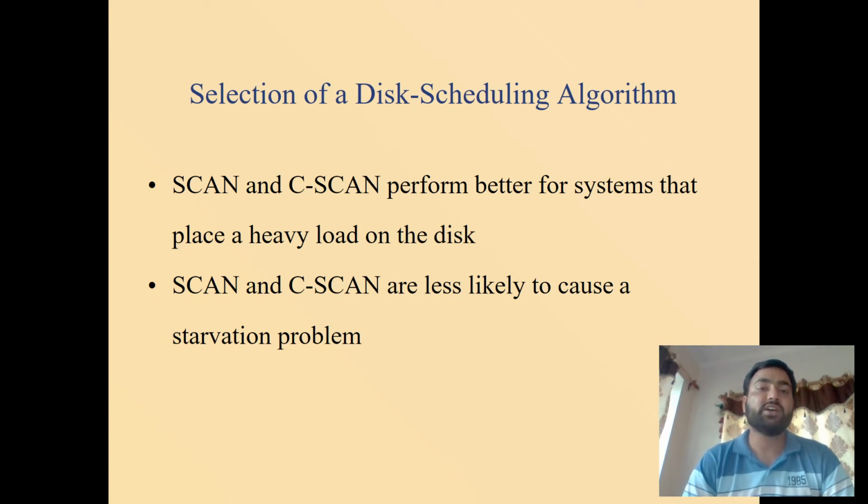As you know, starvation is the problem in which a particular disk location is waiting for the read write head to come and perform the operation, and it should get the chance from the system, but actually it does not get a chance due to the lacking nature of some algorithms. But if we are using SCAN and C-SCAN, it is very unlikely to cause the starvation problem.